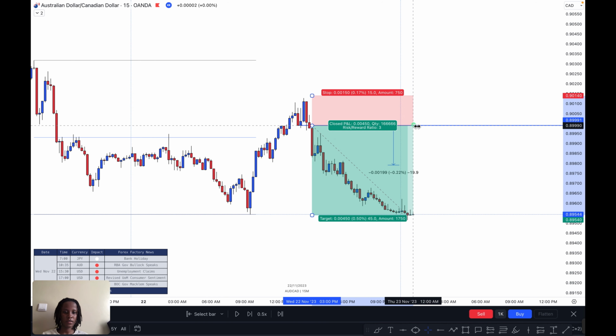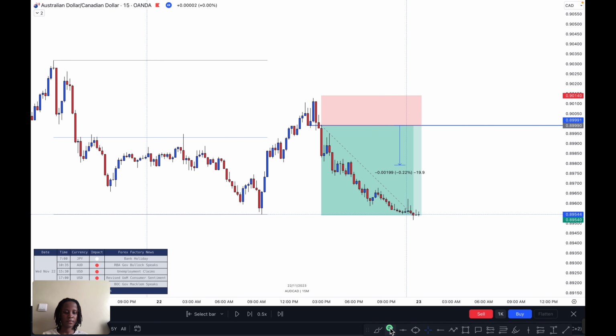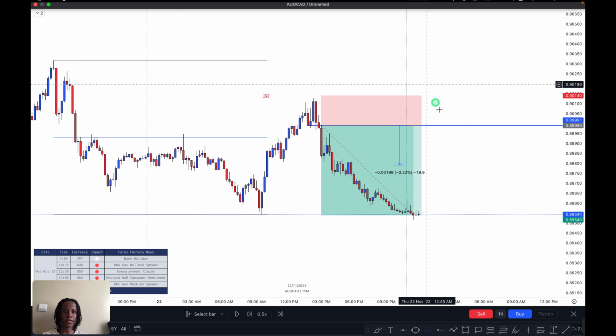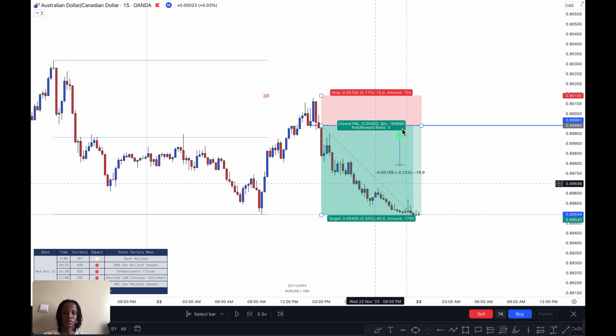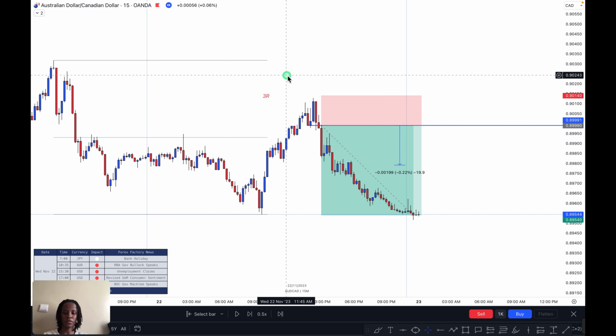So here, on this day, November 22nd, you can see we have a 3R trade.